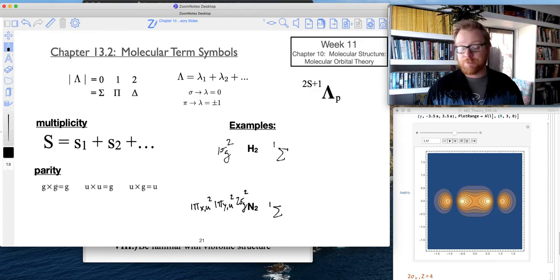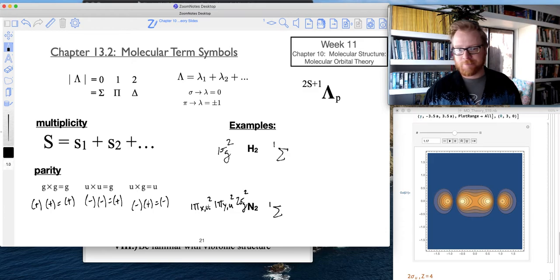Well, a g times a g is a g. A u times a u is a g. And so we can start to think of this as positive times positive equals positive, negative times negative equals positive, and a u times a g equals a u. So negative times positive equals negative. So that's where these terms come from.